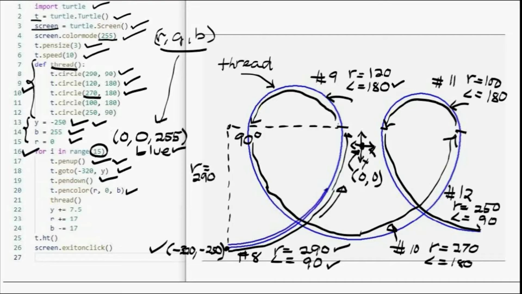And then for number 19, I put the pen down in preparation for drawing the first thread. Before I draw the first thread, I specify the color. It is R, 0, B. Remember, it is 0, 0, 255 initially.